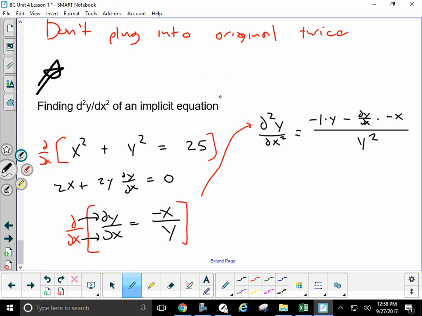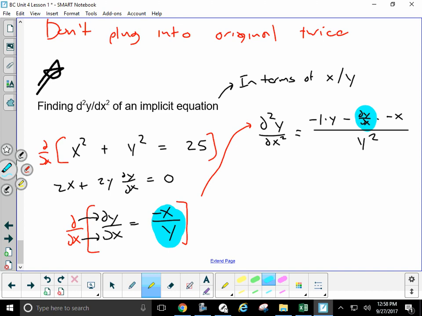However, almost always you will be asked to find the second derivative in terms of x and y. This doesn't just have x's and y's, this has a dy dx. I need to remove this dy dx. How do I remove it? I know what it's equal to. Substitute that in for dy dx.